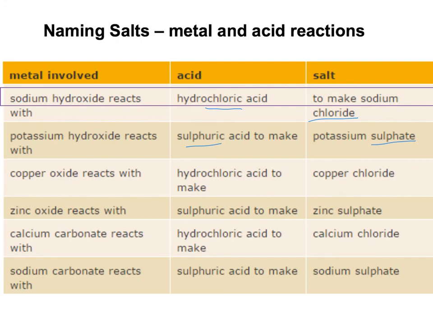Copper oxide reacts with hydrochloric acid to make copper chloride. Zinc oxide reacts with sulfuric acid to make zinc sulfate. Calcium carbonate reacts with hydrochloric acid to make calcium chloride. And then sodium carbonate reacts with sulfuric acid to produce sodium sulfate.